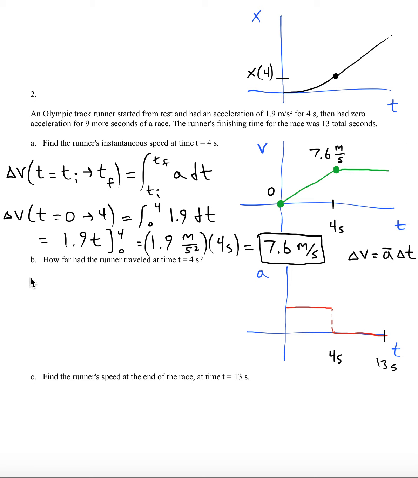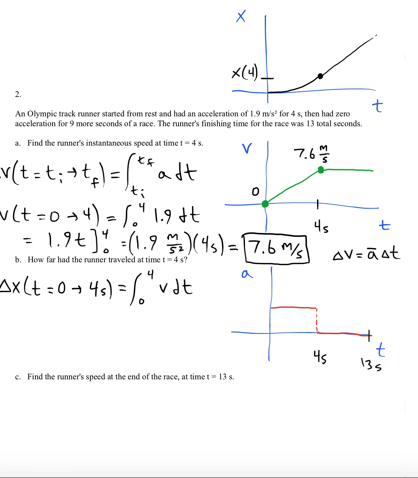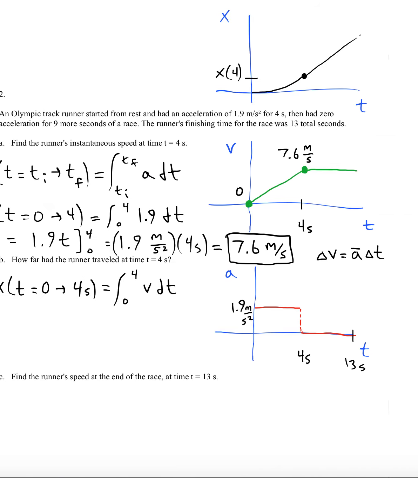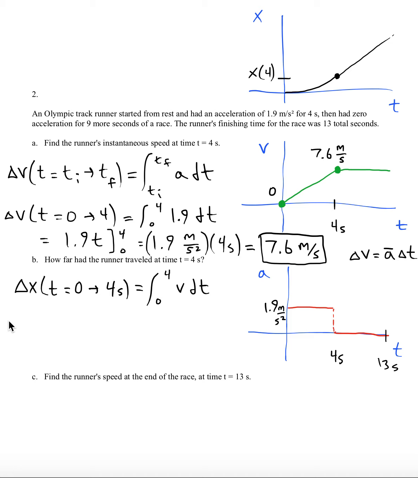Okay, so we need to find the displacement of the runner from time 0 to 4 seconds. We'll integrate the velocity function. But what is the velocity function? I wrote it over here. So let's plug this in.